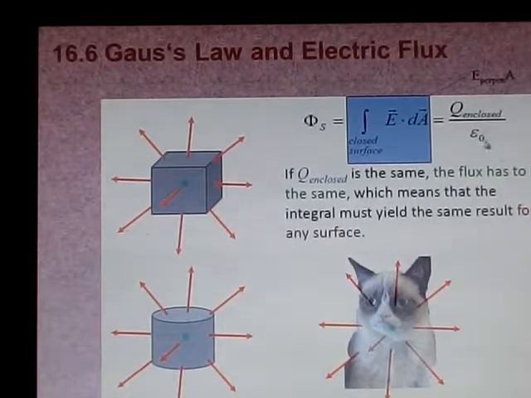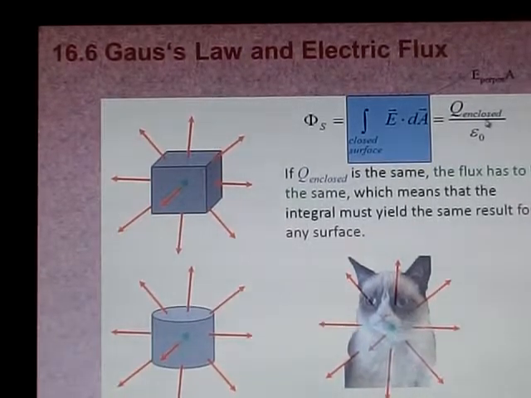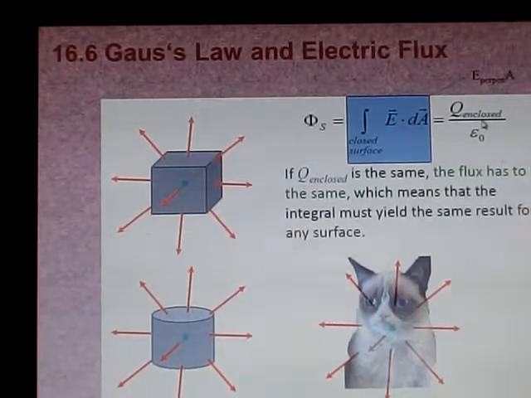Physically, this constant is described as the permittivity of free space, and its value is 8.85 times 10 to the negative 12 coulomb squared per Newton meter squared. This will be given to you on the formula sheet, so you don't need to bother.